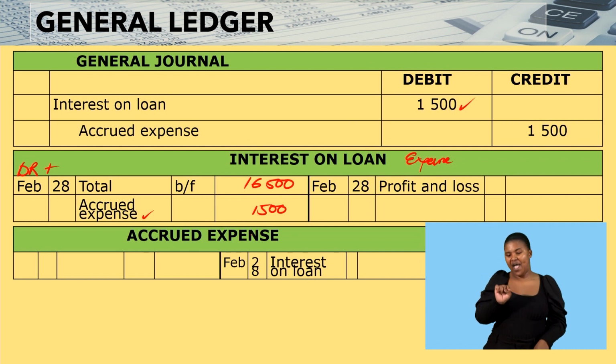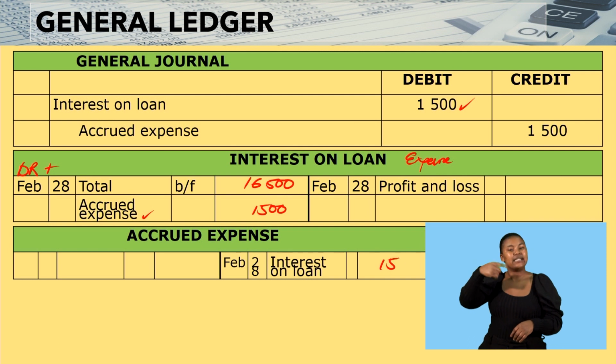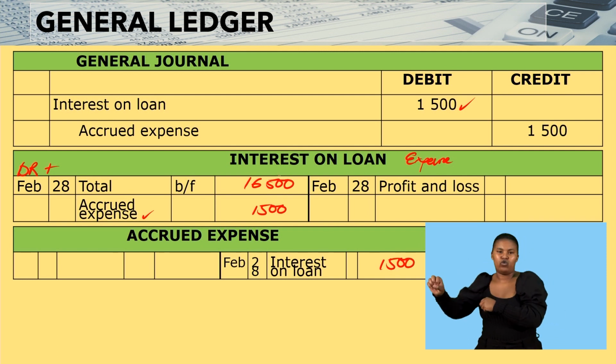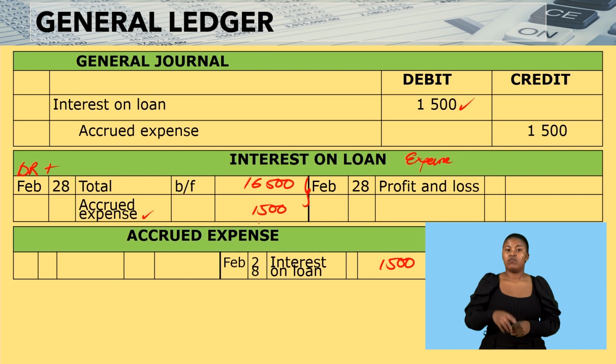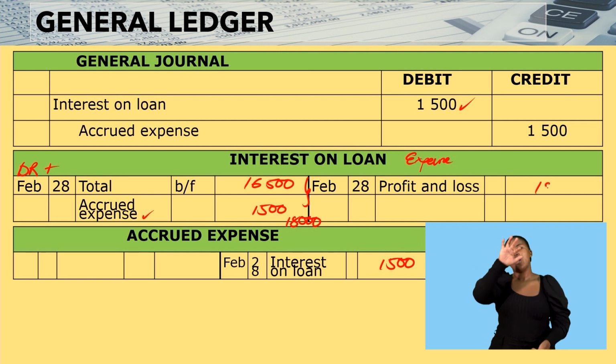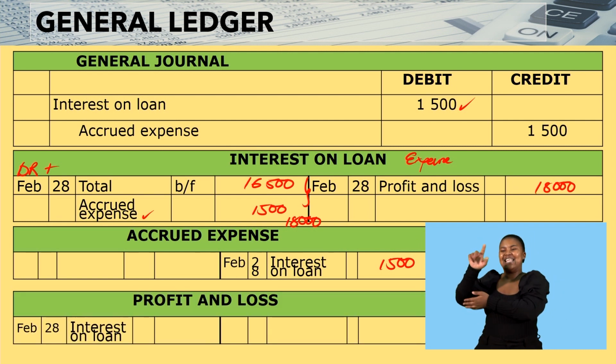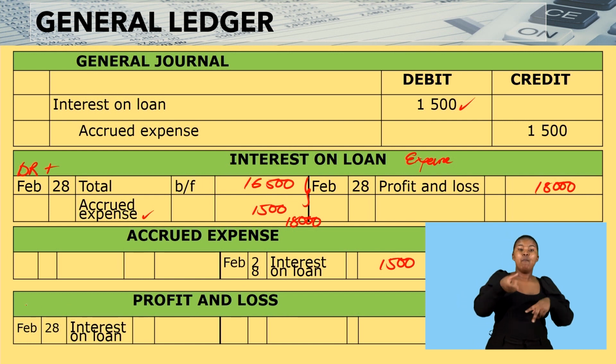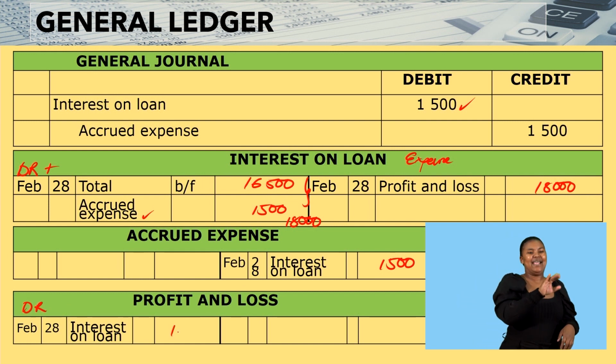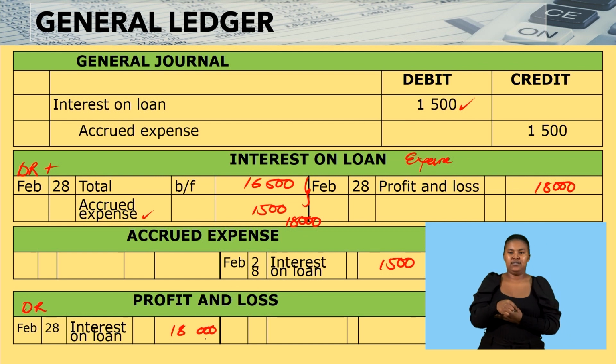And then we will credit our accrued expense with 1,500. There it is, 1.5. I will, however, then close this account. If I add this, it will give me that 18,000. Remember the one that I was talking about. Therefore, I'll close this account to the profit and loss with 18,000. When I come to my profit and loss, I'll then debit that profit and loss account with 18,000, like that. And when you have the 18,000, this is how you complete the general ledger.